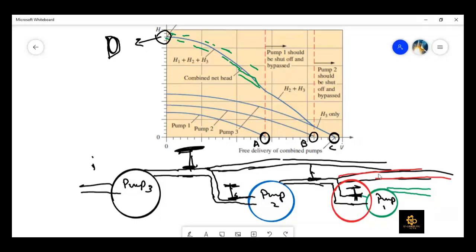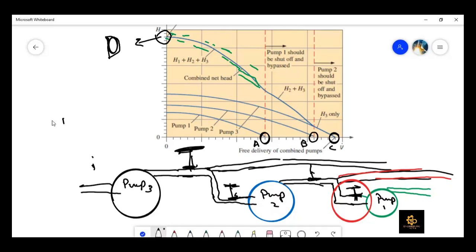Otherwise, we are going to experience more losses in pump 1 rather than any net useful work. And similarly, if we want to operate at a higher volume flow rate, beyond point B, then only pump 3 should be activated and these two should be cut off. So these are also written here in the diagram as well.